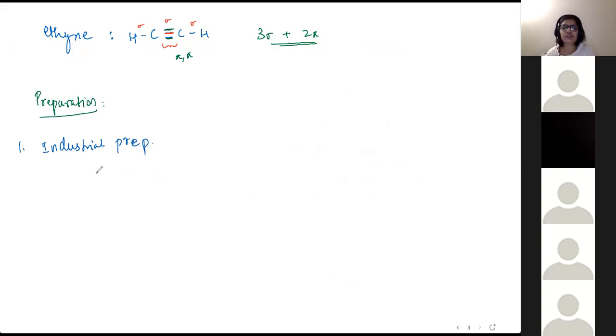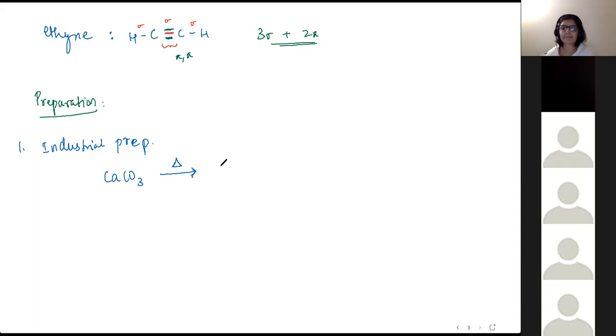So for industrial preparation, you take calcium carbonate. What do you get on heating calcium carbonate? Calcium oxide and carbon dioxide, CO2. So calcium oxide, commonly also called quicklime.